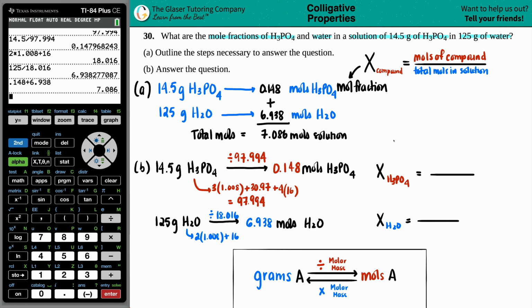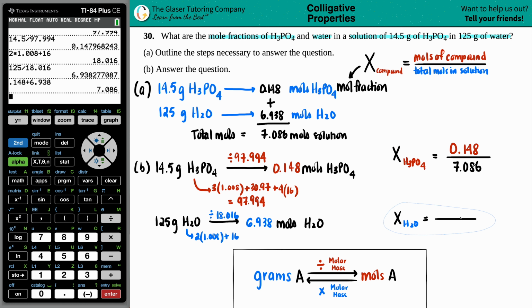So in this case, since we're looking for the mole fraction of H3PO4, I have to put down 0.148 moles on the top, divided by the total number of moles, which was 7.086. And then for water, water's moles was 6.938 divided by the total, which was 7.086.